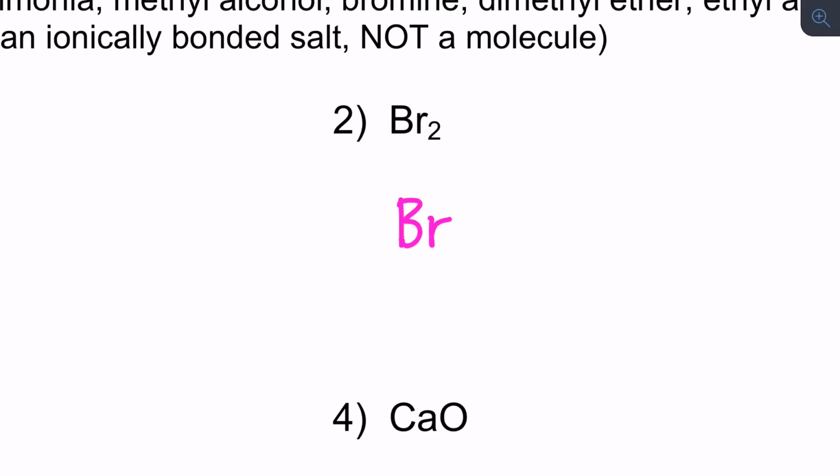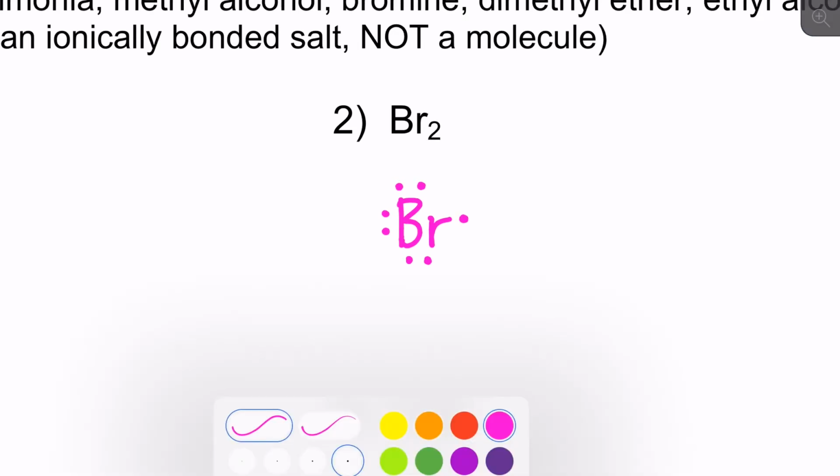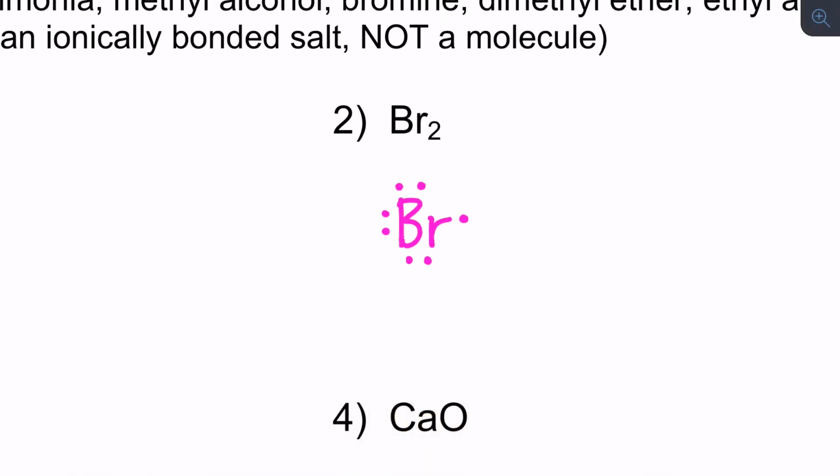I'm going to draw my first bromine with 7 valence electrons. That means 3 sets are going to be paired up and 1 will be on its own. And I'm going to draw a second bromine in the same fashion but with X's.